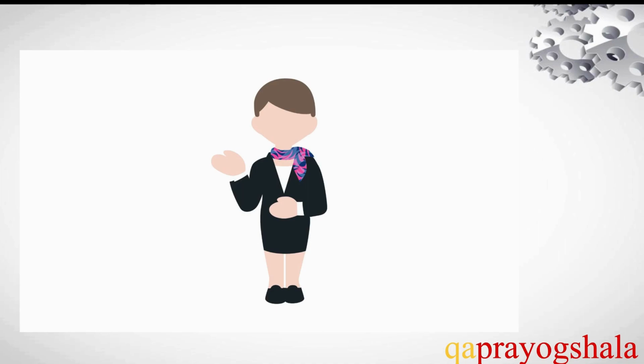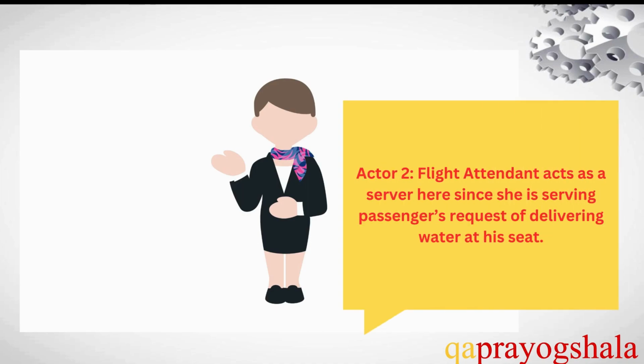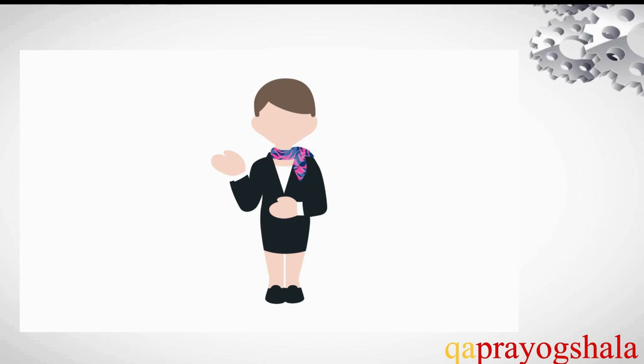So what is a flight attendant here? In this example, the flight attendant is a server here, because she is actually serving the request of delivering water at your seat. In other words, she is actually delivering a resource to you. So you are requesting a certain resource here, and you are getting the resource at your seat. So that is a service.